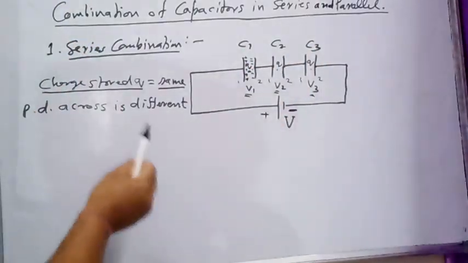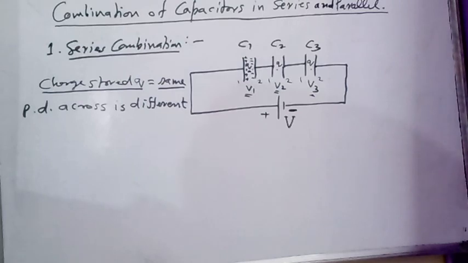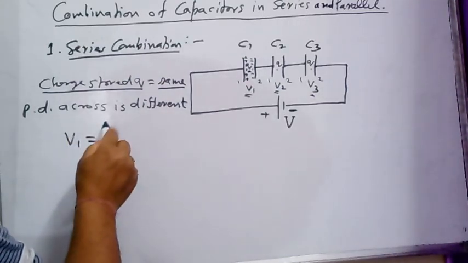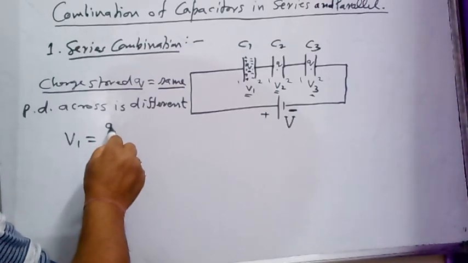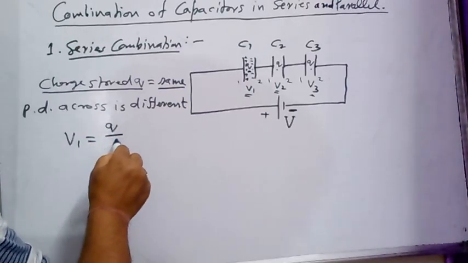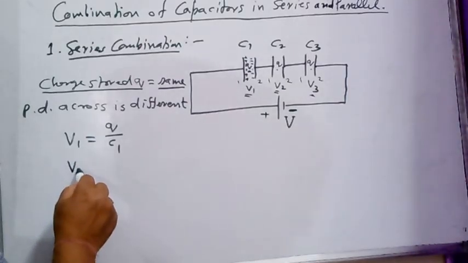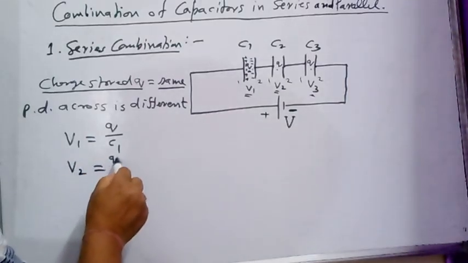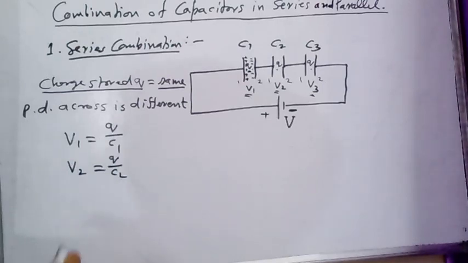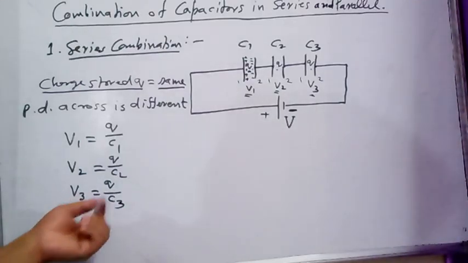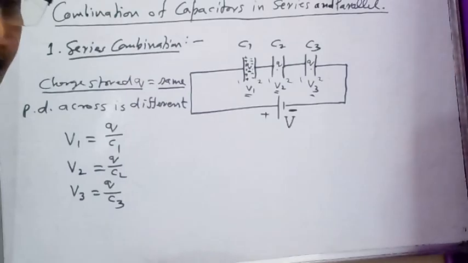If we calculate the potential difference across individual capacitors, we can write V1 equals Q divided by C1. Potential difference across the second capacitor V2 equals Q divided by C2. Across the third capacitor V3 equals Q divided by C3, as Q remains the same.